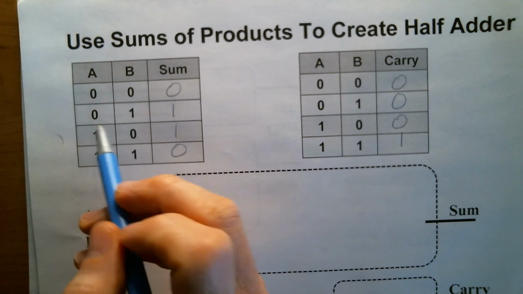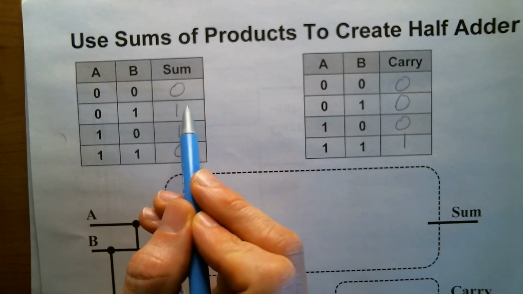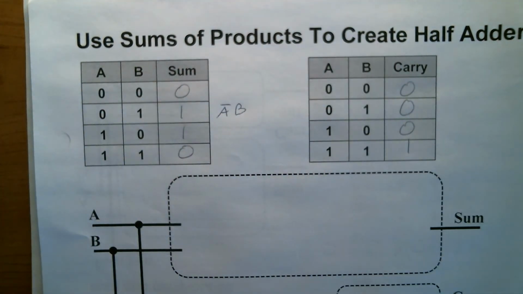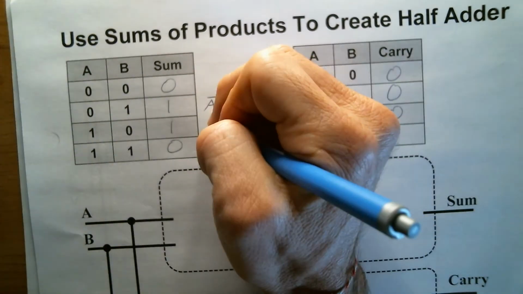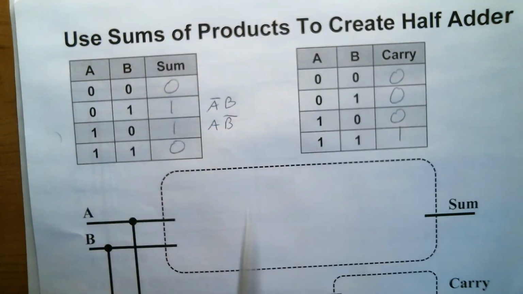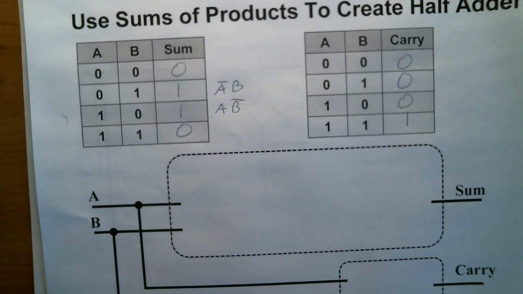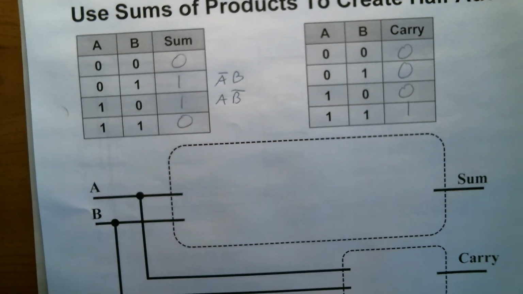Okay, well, sum of products, this is not A and B. This is A and not B. So for this sum part, we could create a circuit.